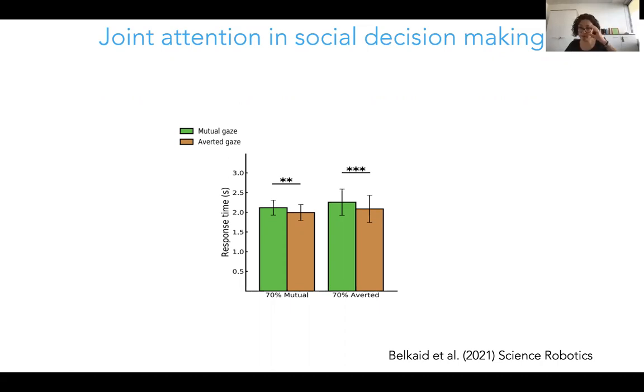The other one had 70% averted gaze trials. This way we made sure that it wouldn't be related to the frequency of observing mutual or averted gaze. So independent of which group participants were in, they were faster in responding in the averted gaze condition. So when the robot looked at them, they took longer.